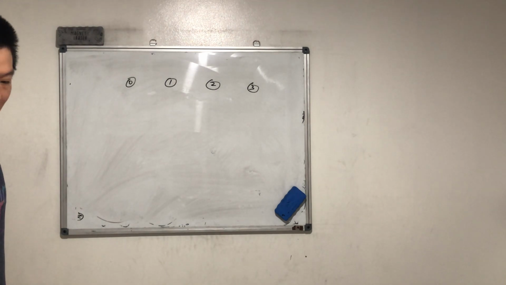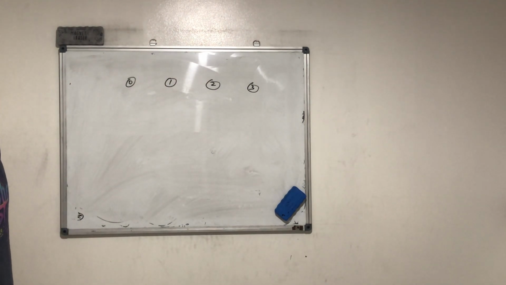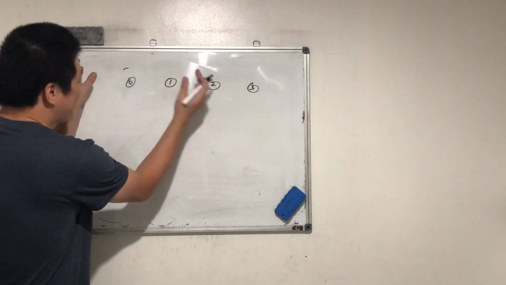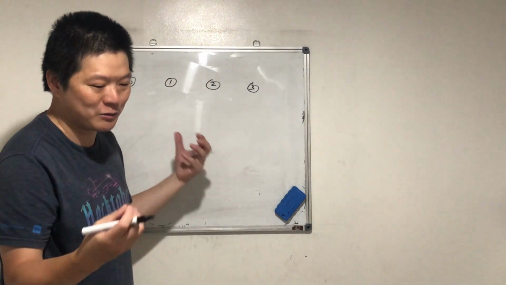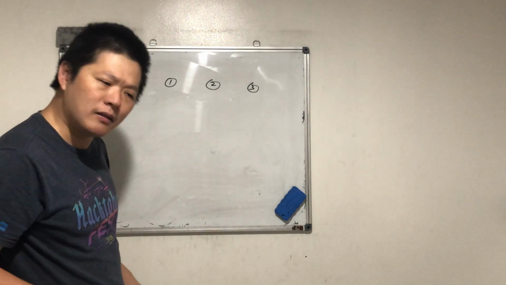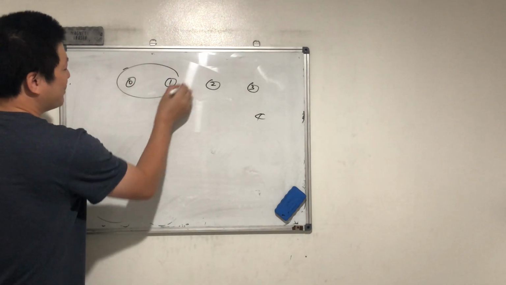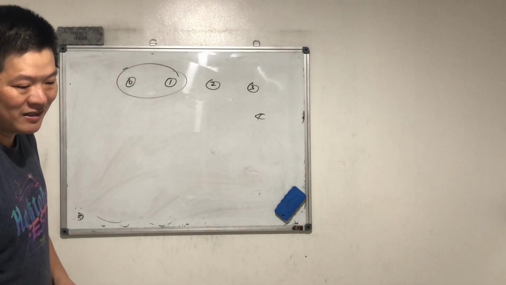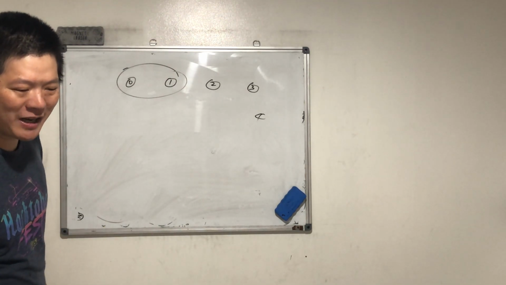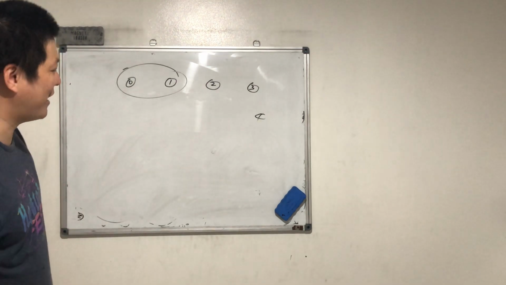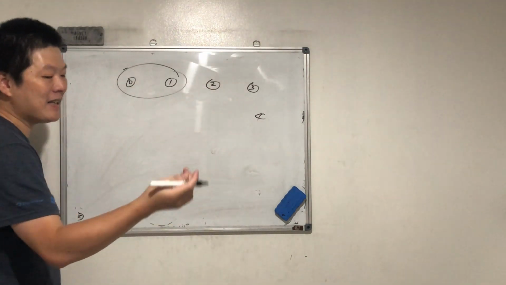If I merge 2 groups, how many groups are there? 3. Every time I merge 2 individual components, what happens to the total groups? Now there are 4 groups. I merge these 2. How many groups? 3. So it's minus 1.